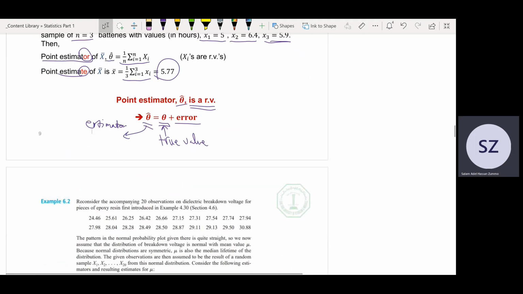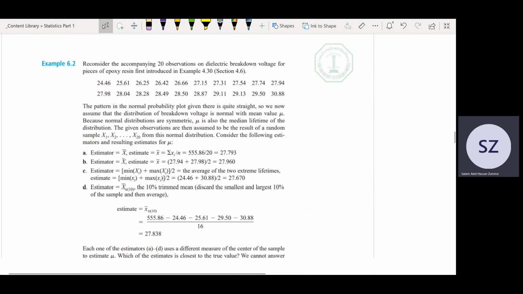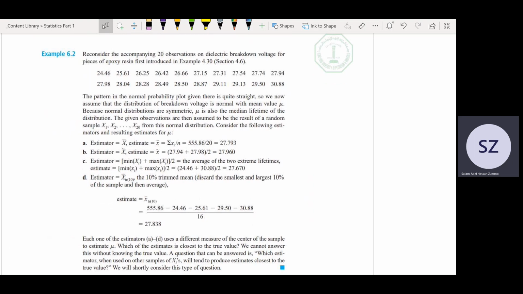Let's have another example from the big textbook that they gave me. Here we consider 20 observations, so n equals 20, on the dielectric breakdown voltage for pieces of epoxy resin.